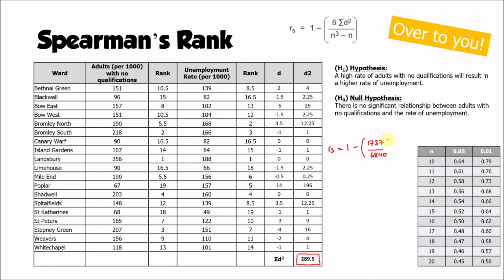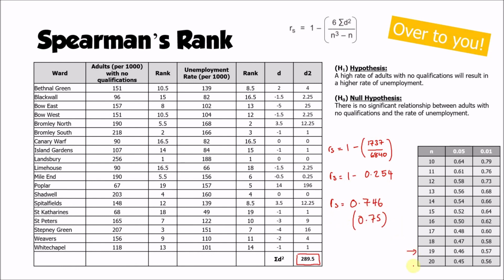Well done if you got that far. That is the same as doing 1 minus 0.254, which gives us an answer of 0.746. We might have just put 0.75. That's absolutely fine if you've given it to 2 decimal places.